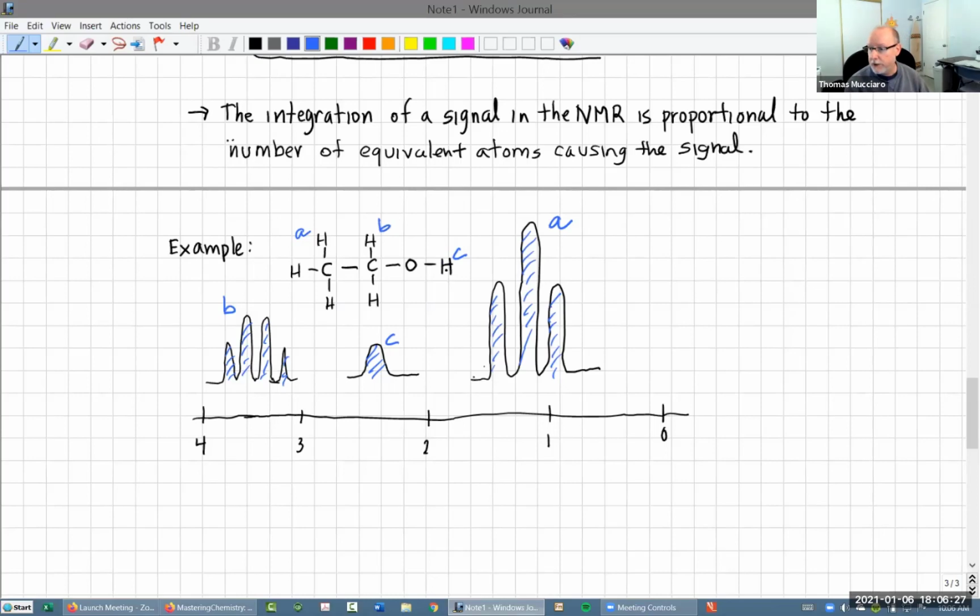hydrogen C is only one hydrogen, right? So the computer would calculate a number for that area, okay? And that number might be something like, let me pick something that's not ridiculous, but is not quite so straightforward. Let's do 45.